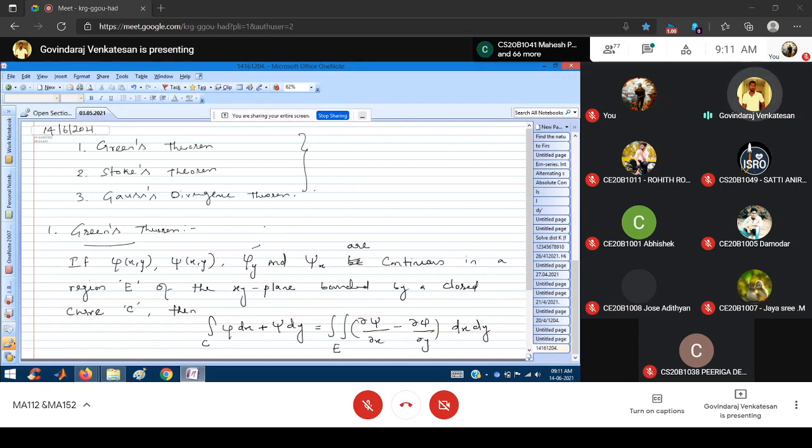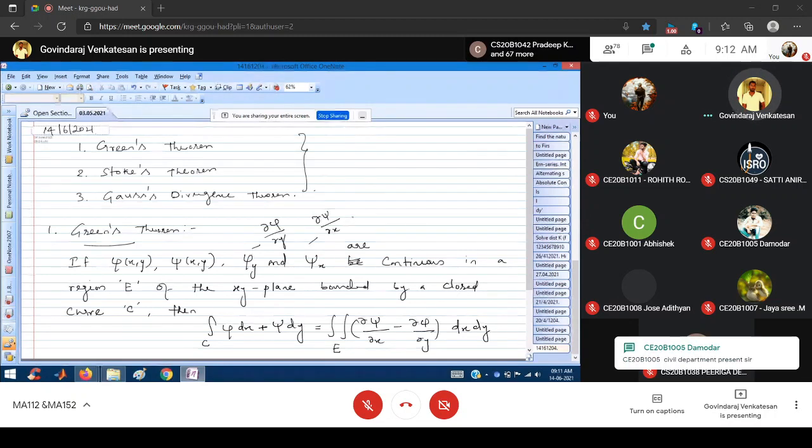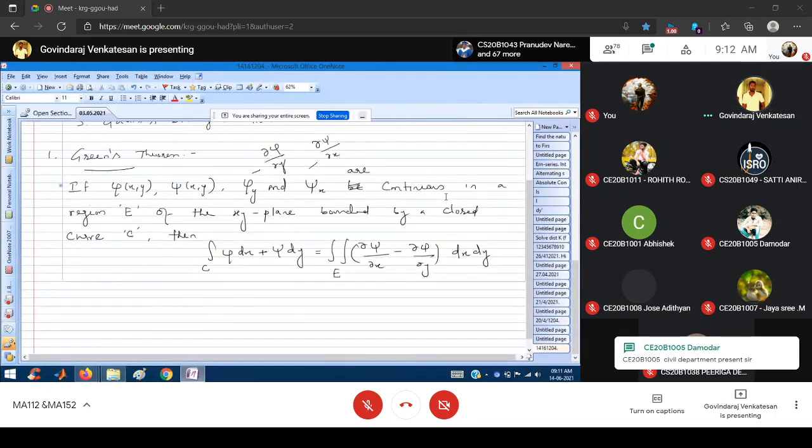So this phi y represents the partial derivative of phi with respect to y, and this is the partial derivative of psi with respect to x. So this is the statement of Green's theorem.